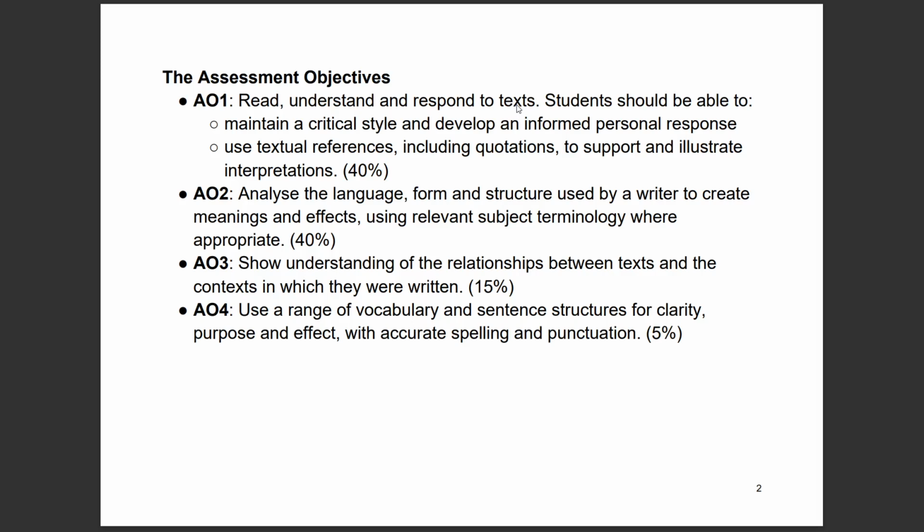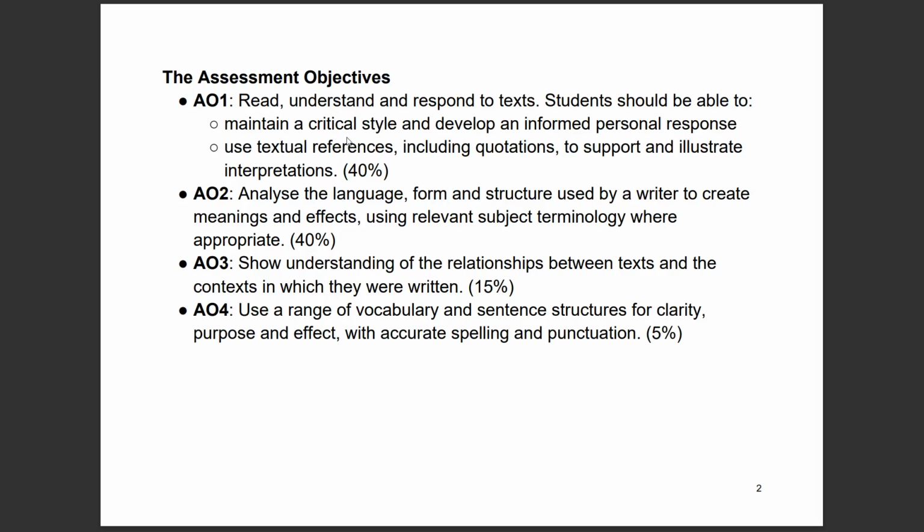The word text is a generic word which could mean a novel, a play, a poem, a short story. It is a generic word to describe all these different types of things that you can read and respond to.